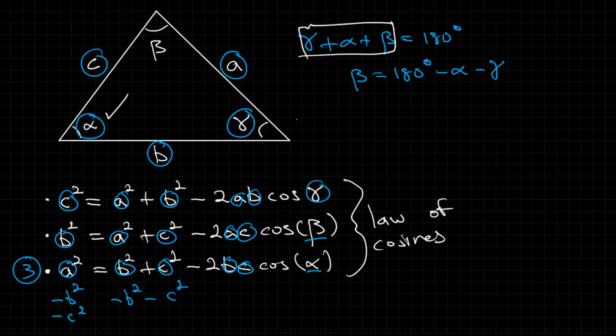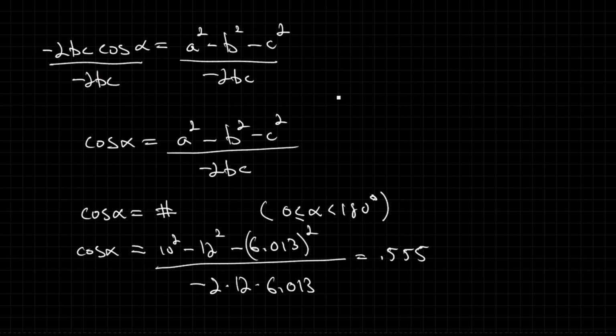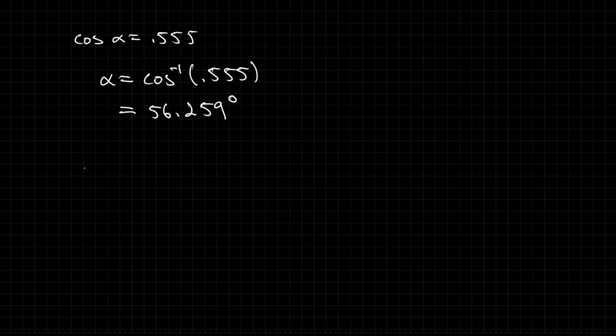So now we have alpha, we have gamma, and now we have to figure out what beta is. And again, we can figure out beta by doing 180 minus alpha minus gamma. So this is going to be 180 degrees minus, actually let's do this computation on the next page here. So right here, we have that beta is going to be 180 degrees minus alpha, which is 56.259 degrees, minus gamma, which is 30 degrees.